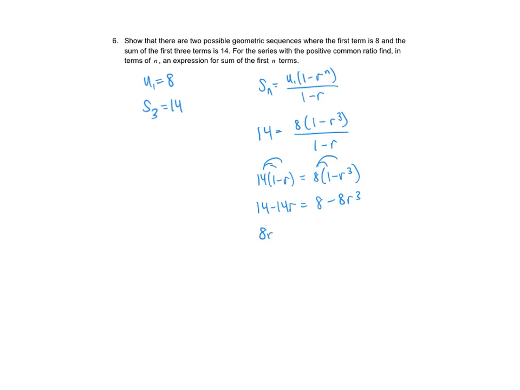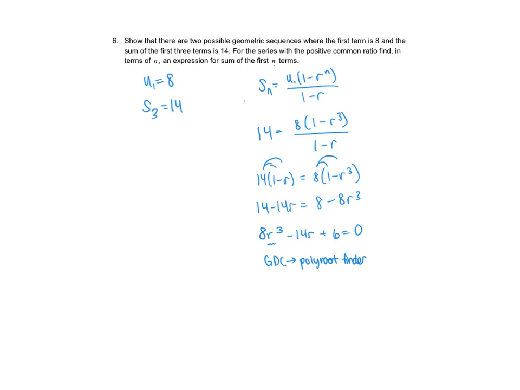Now, I'm going to move everything to the left side in ascending order. So positive 8r cubed minus 14r plus 6 equals 0. And since we have r cubed and we can't factor out an r, we need to do this in our graphic display calculator, and we are going to go to the polyroot finder.